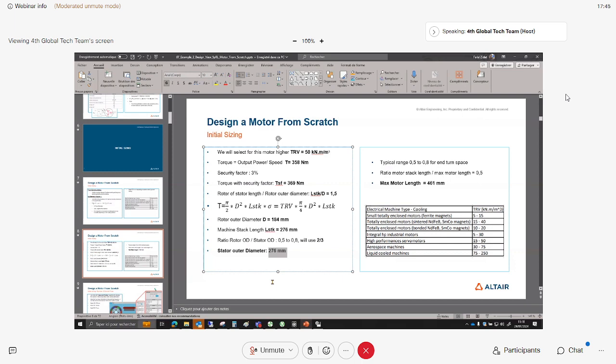Then I have the length of the machine, the outer diameter of the rotor, and the outer diameter of the stator. Then I have to fix the maximum length of the machine, including the end winding. Once again, the stack length divided by the maximum length is a ratio between 0.5 and 0.8 as well.